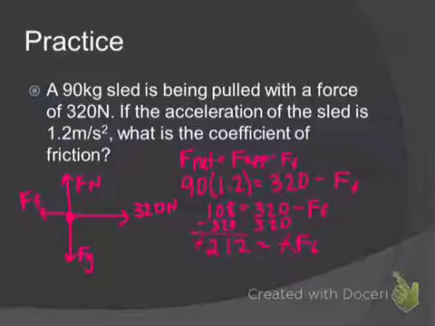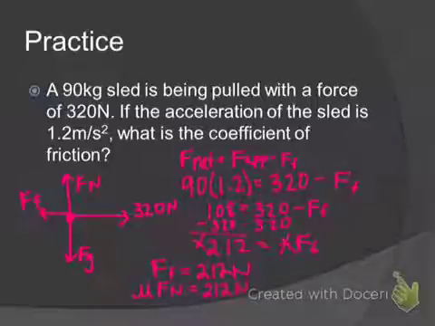Okay, so I can cancel my negatives, and that means my frictional force is equal to 212 newtons. We on the same page right there so far? So now, if I know my frictional force is equal to 212, I can substitute coefficient times the normal force equals 212 newtons. I'm solving for the coefficient.